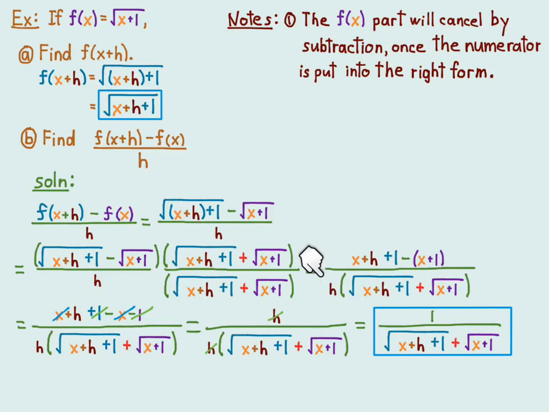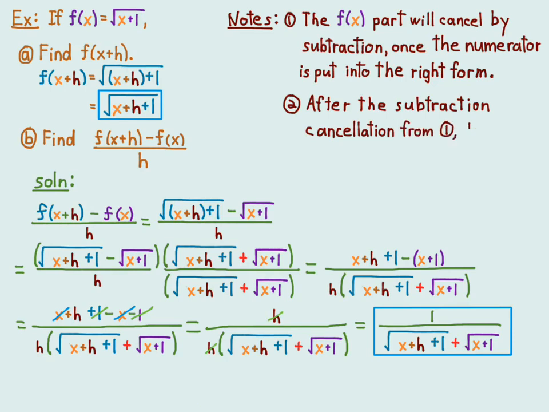So all these things over here that come from this part should disappear. That happens pretty much all the time. And that's what happened when we got to here. And the other thing is, what you end up with will be h times something in the numerator and h times something in the denominator, so the h's will cancel. That always happens too. If that doesn't happen, you did it wrong. You made a mistake. Okay, so that's this part. After the subtraction cancellation from number 1, the numerator is a multiple of h.